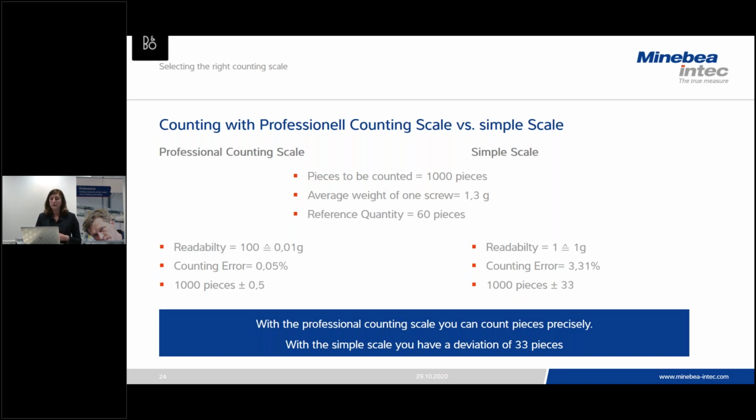In the other example, we have a readability of 1 gram, which is 1 digit, and there we have a counting error of 3.31%, which is approximately 1,000 pieces plus minus 33 pieces. So we see there's a huge impact of the resolution on the counting error.